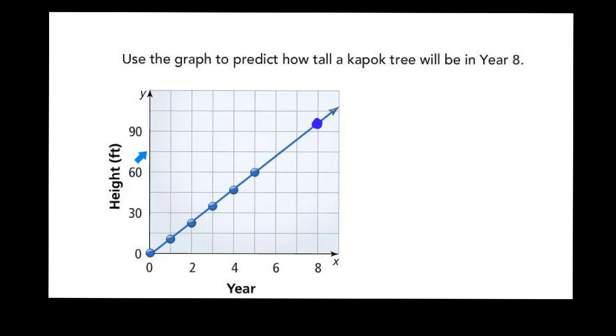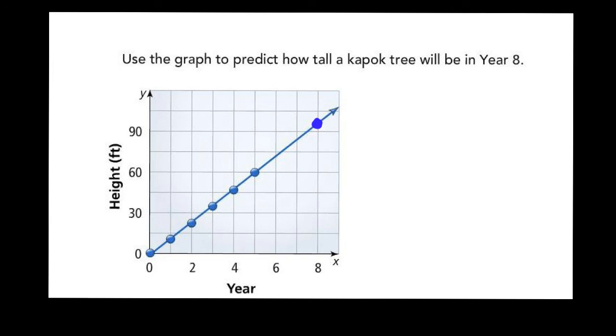So in the in-betweens, each grid line is going up by 15: 60, 75, 90, 105. So this point falls a little less than halfway between 90 and 105. Well, halfway between 90 and 105 is 97.5. And this is a little less than that. So I'm going to go ahead and say 96, maybe 97, but I'll go with 96.